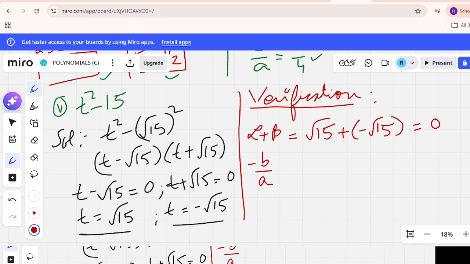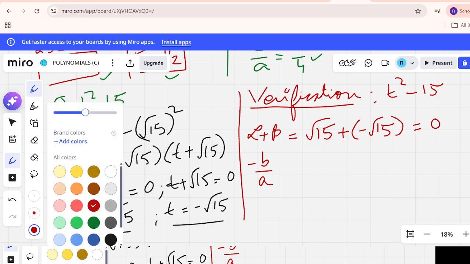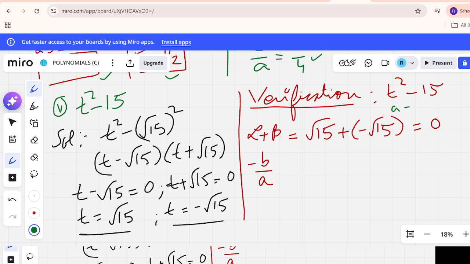The expression given is t square minus 15, so a is 1, b is not given so it is 0, and c is negative 15. So minus of 0 over a, which is 1, is 0.